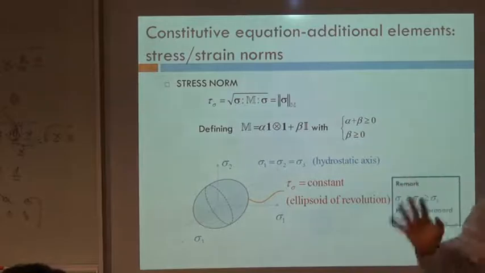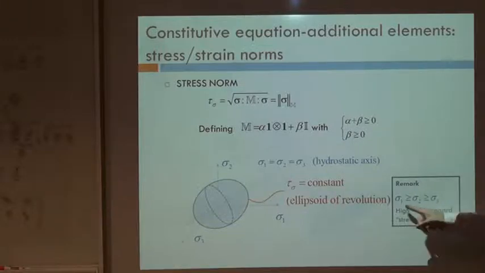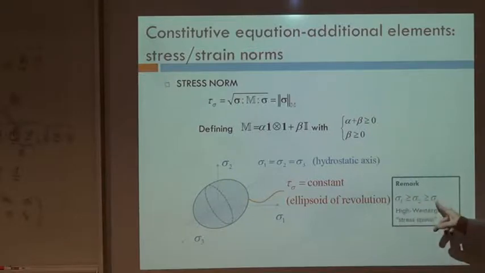So, something that you should know: from any stress tensor, there is a unique set of 3 values which are the principal stresses. Okay? And then we can play around with that a lot. But for now, we just take these principal stresses, and there is always one, the larger, one, the smaller, and one, the intermediate. We order them.